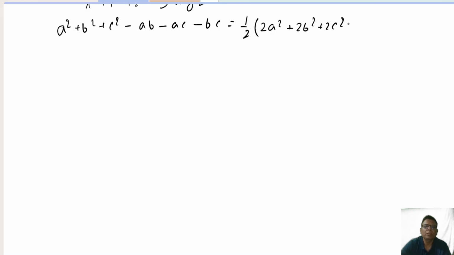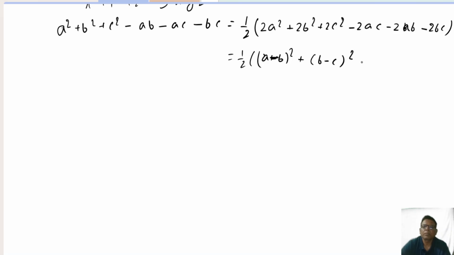Suppose a square plus b square plus c square minus ab minus ac minus bc is equal to half into 2a square plus 2b square plus 2c square minus 2ab minus 2ac minus 2bc, then half into a minus b the whole square plus b minus c the whole square plus c minus a the whole square.